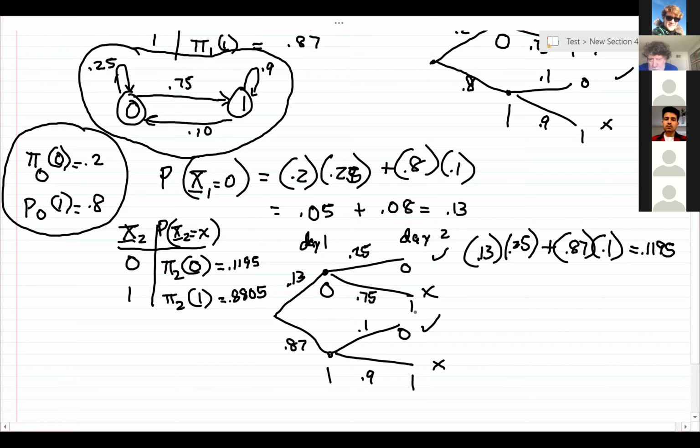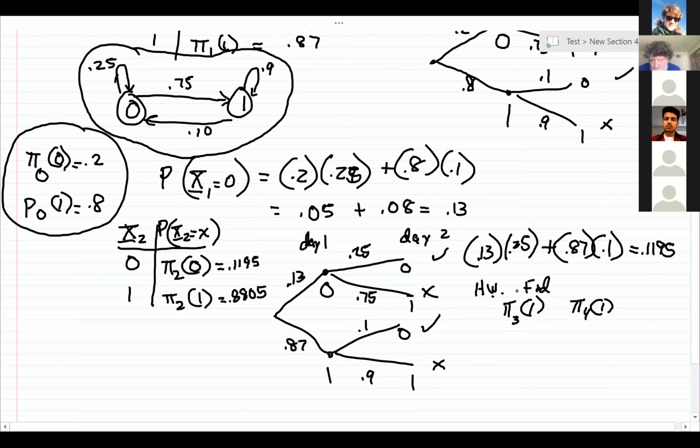So homework. Let's ask you to find what's the probability that the machine is still working on day 3? And how about that it's still working on day 4?